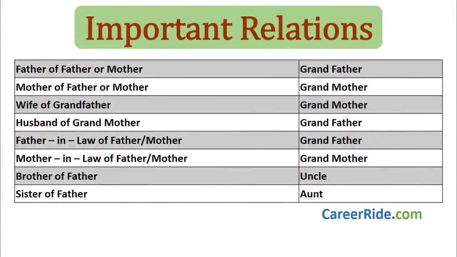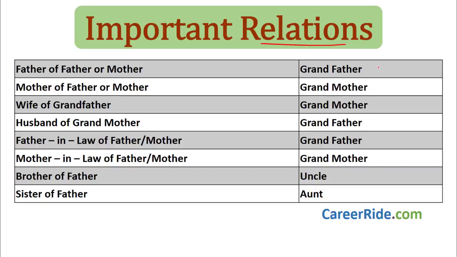Before moving to sums related to blood relations, we'll first take a look at a few important relations. You absolutely have to know these relations, because unless you know them, you won't be able to solve any of the sums. Most of you know the relations, it is just a revision. Let's see what are the important ones. You need to read all of them. I'll just show you what are most important.